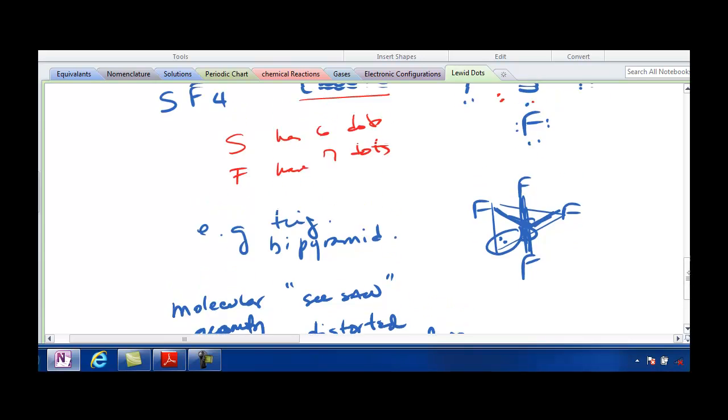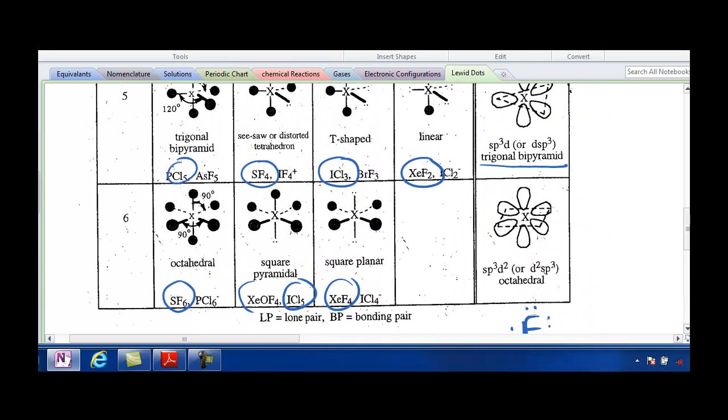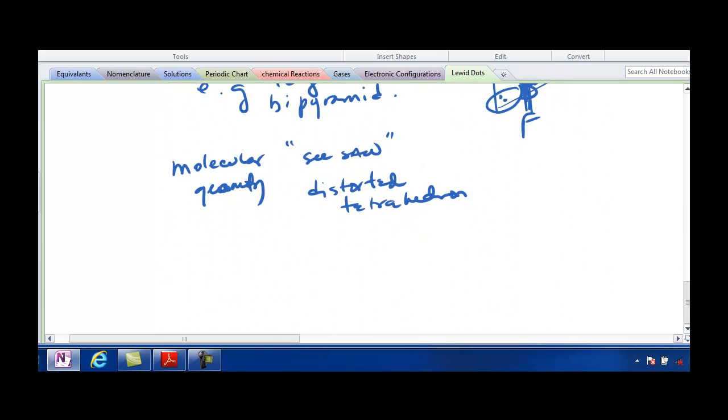Okay, let's keep going. ICl3. Okay, so what's the first thing that we do? Same question. What's the electronic geometry? What's the molecular geometry for ICl3? I draw Lewis. That's step 1.